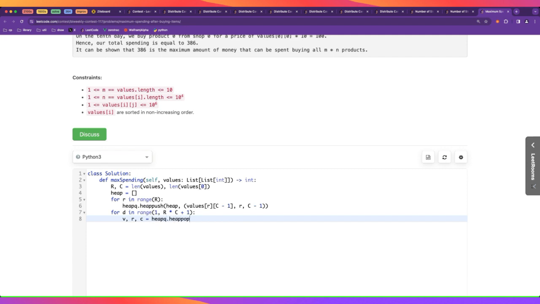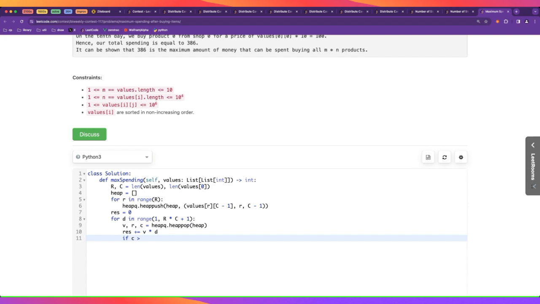pop from the heap. So this is the minimum value so far. We are going to add that to the result: the value times the day. And now, if there are more elements, which means that the column is not 0. Since we are going from the largest column to the smallest column, the last one is 0.